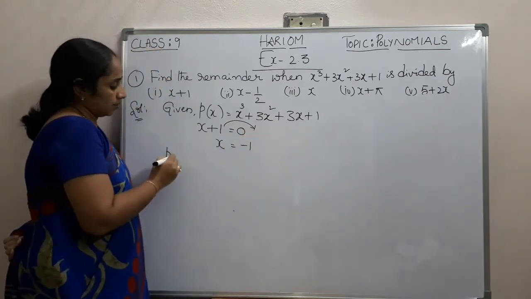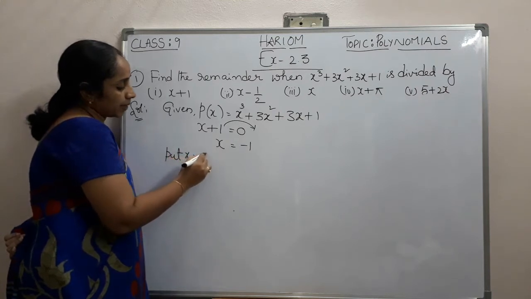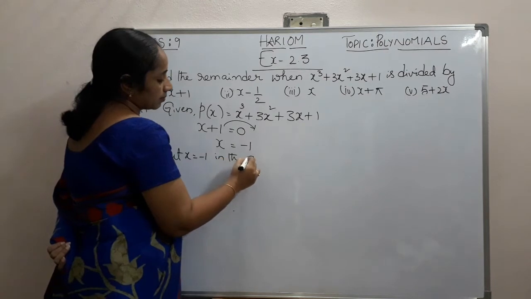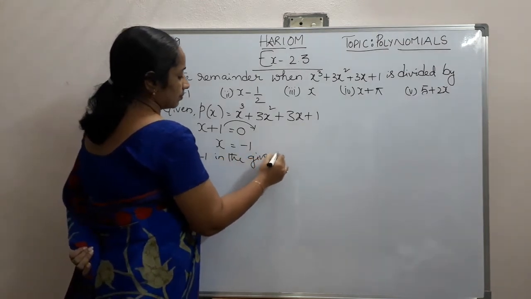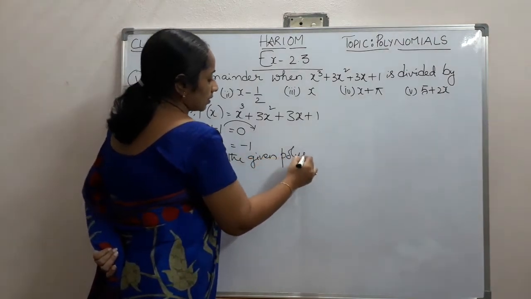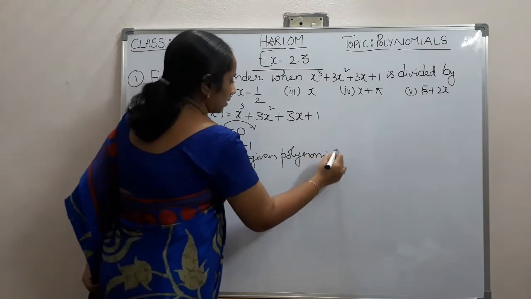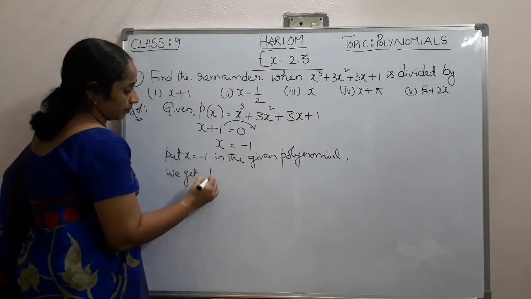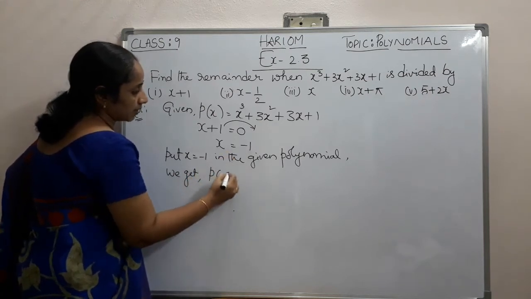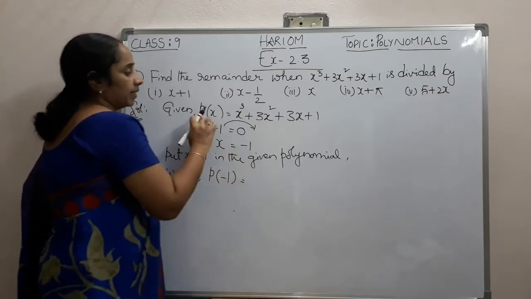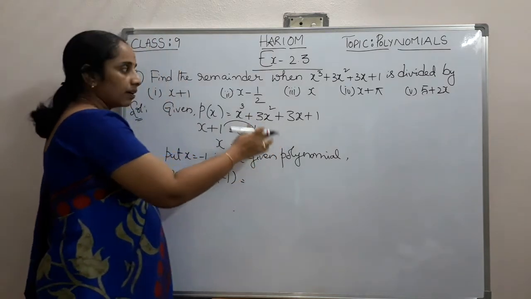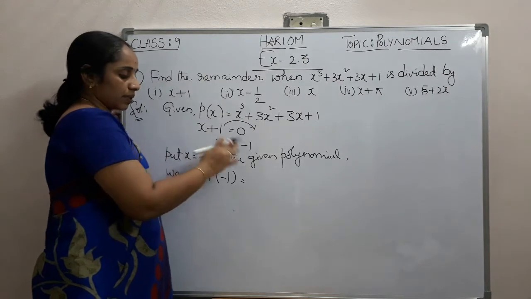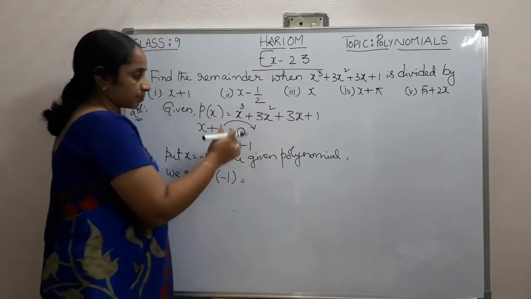Put x is equal to minus 1 in the given polynomial. In the given polynomial, we get p of minus 1 is equal to, meaning in the given polynomial, wherever we have x, in that x we have to substitute minus 1.